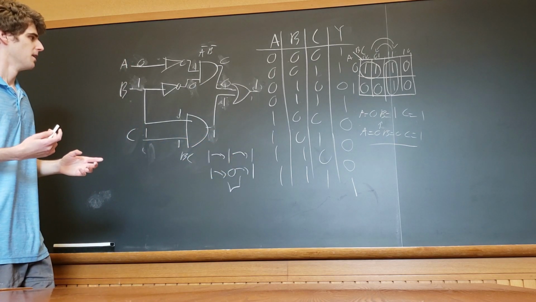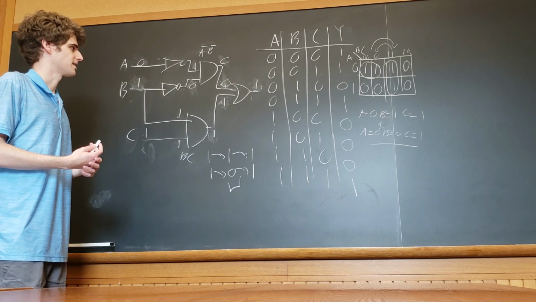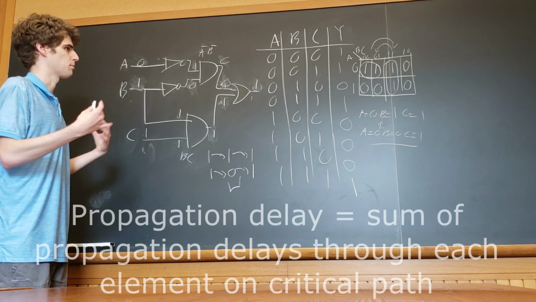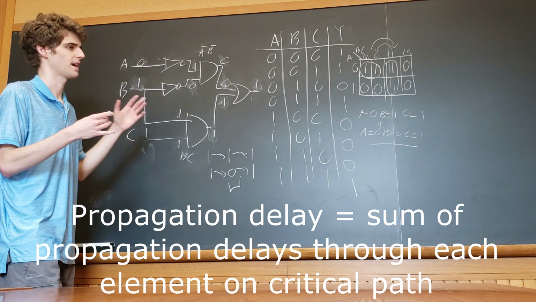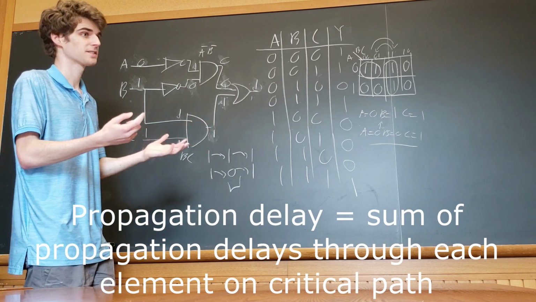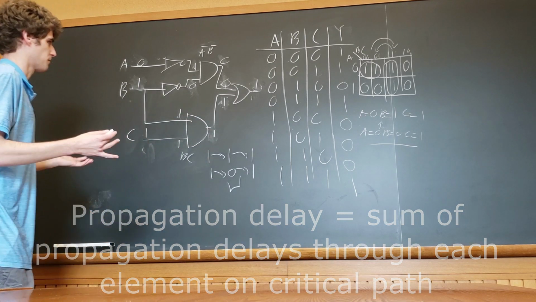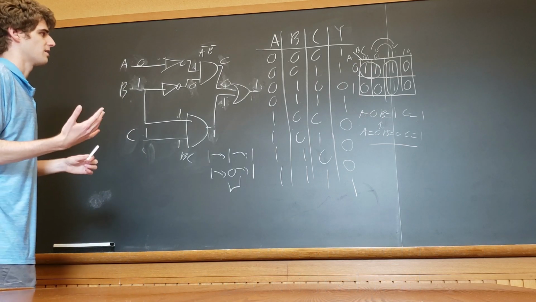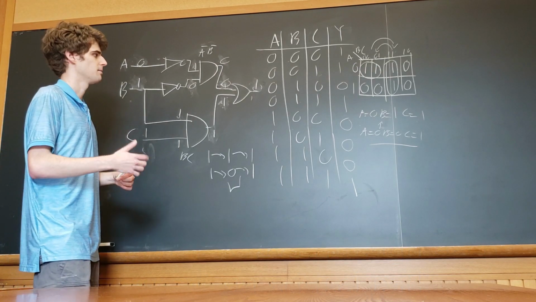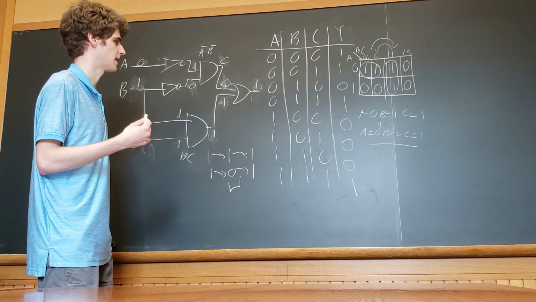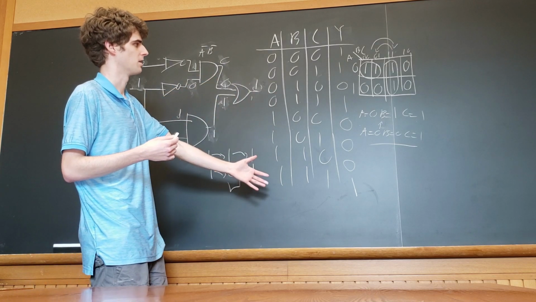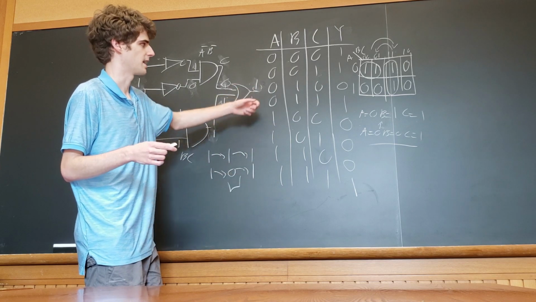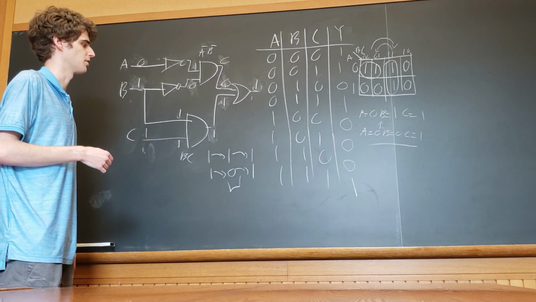The main thing behind a glitch is that, at the end of the day, after you wait the propagation time or however long you need to wait for the output to finalize, the circuit's going to be correct. The circuit's not going to be incorrect for any reason, but with a glitch, there's going to be a small amount of time where you do see an incorrect output, which you would not expect from the truth table if you were only focusing on the output of the circuit.